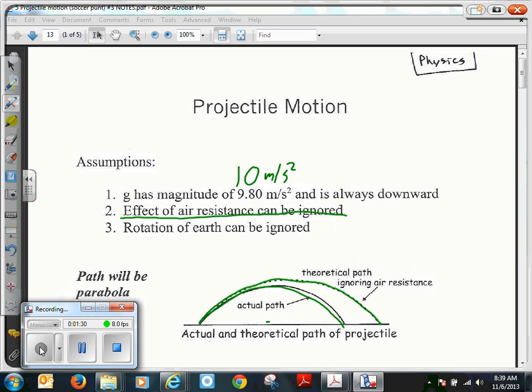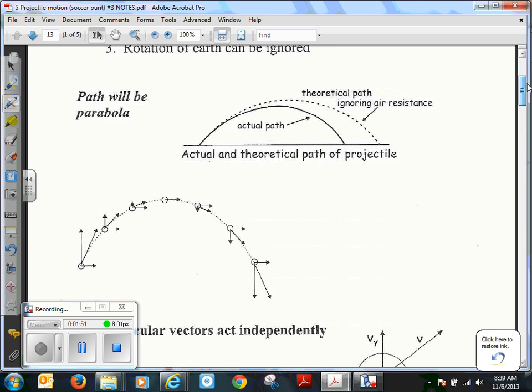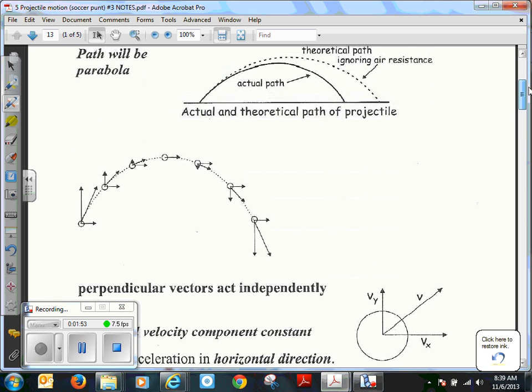Notice it doesn't go as high because air resistance keeps it from going that high, and it doesn't go as far because air resistance is always opposing motion. Okay? Rotation of the Earth can be ignored. That's a pretty easy one to ignore, isn't it? We never feel the Earth rotating.